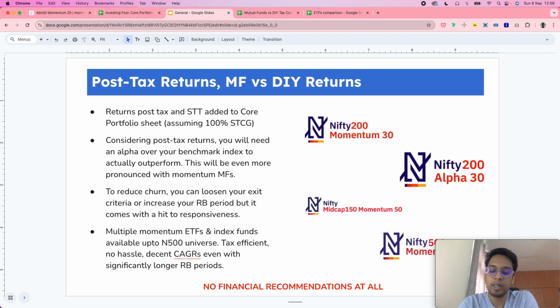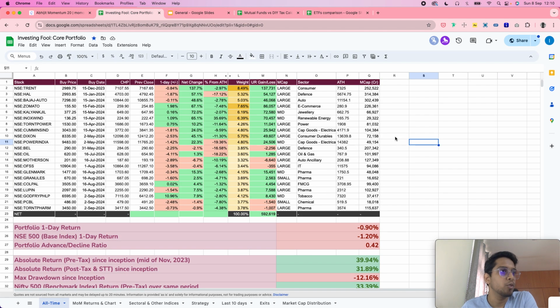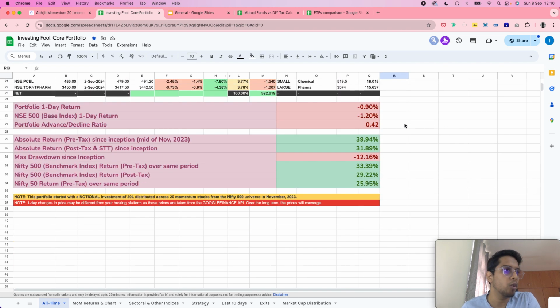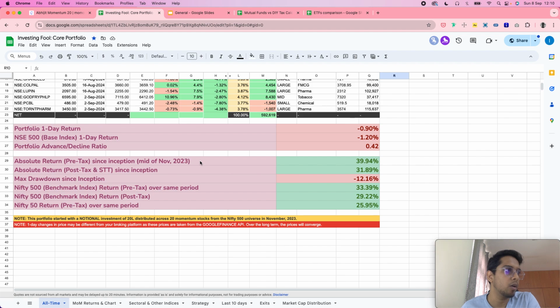So now we have incorporated the post-tax and the STT, which is securities transaction tax, returns on our core portfolio sheet. Let's take a look at the portfolio sheet, and we are not talking about the individual stocks here. What we will focus on is this, right?